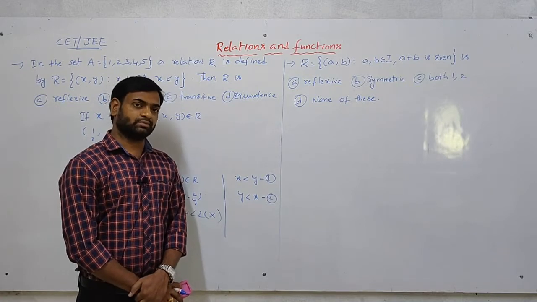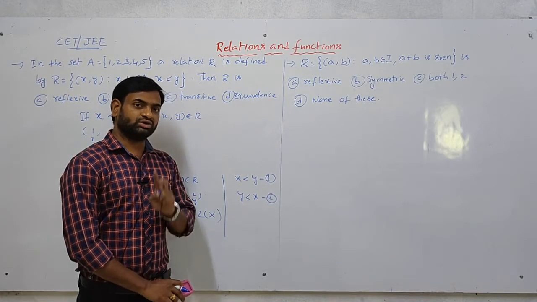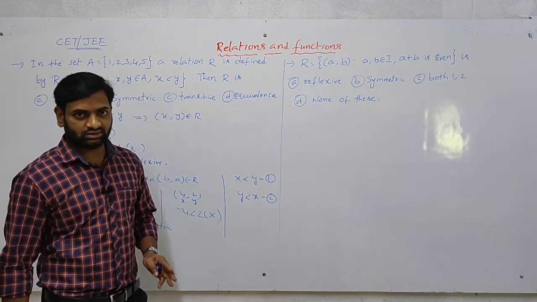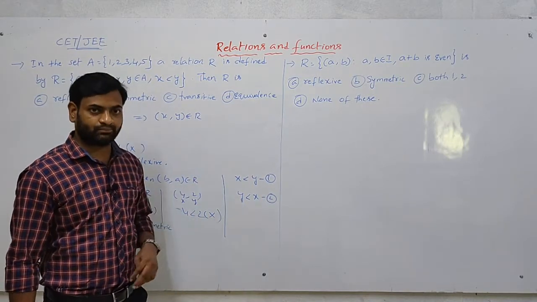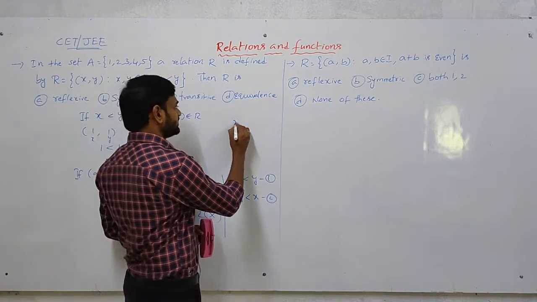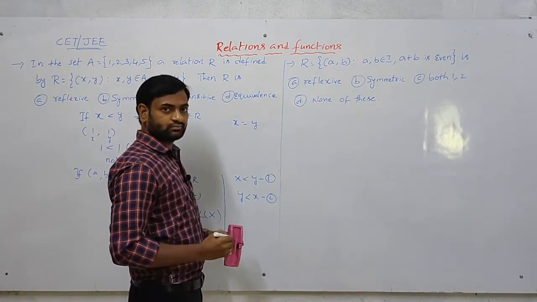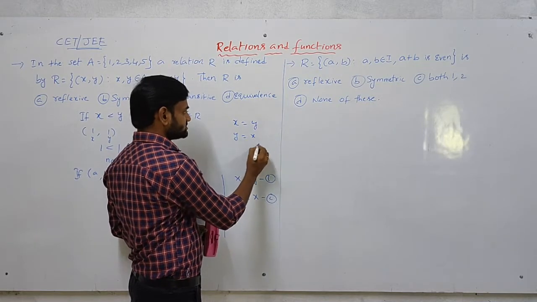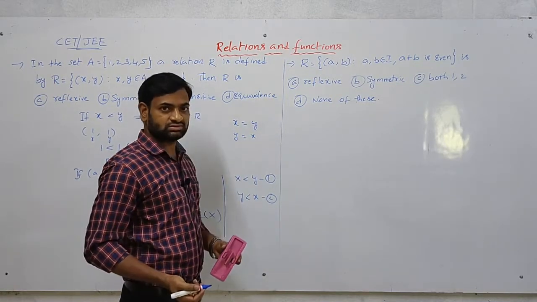So when the two equations are not the same, it is not symmetric. When two equations are the same, it is symmetric. Suppose x equal to y: in place of x write y, in place of y write x. Both are the same, yes.